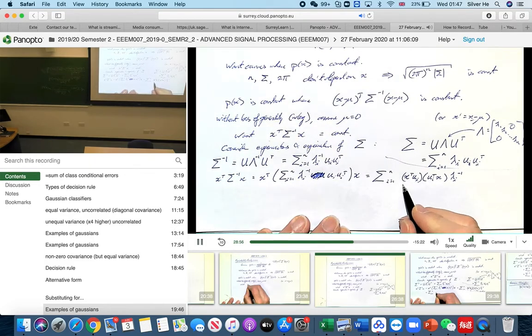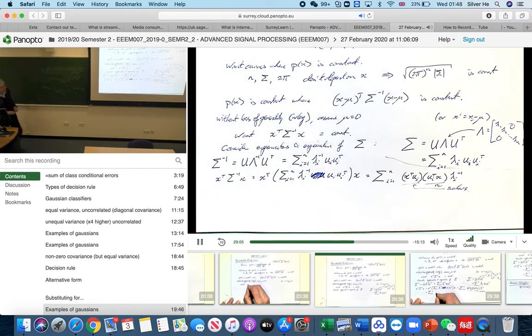And this and this are both scalars. So this is a vector dot product, this is a vector dot product, and that's a scalar value.